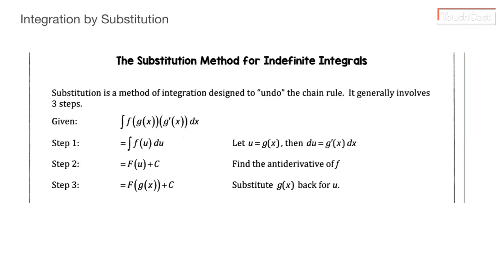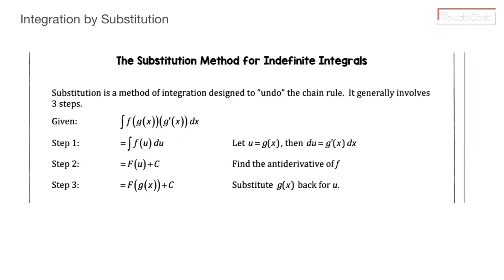So if we're given the integral of a composite function, multiplied by the derivative of our inside function, so the integral of f of g of x times g prime of x, chain rule, with respect to x, the first step, we're going to let u equal g of x, and then du is going to be the derivative of g with respect to x.